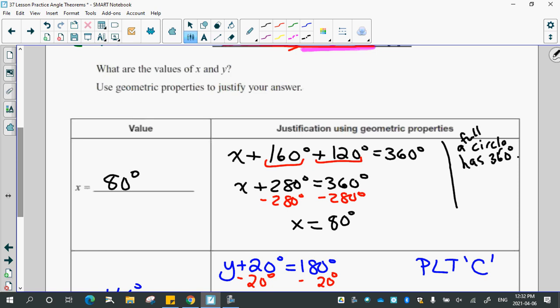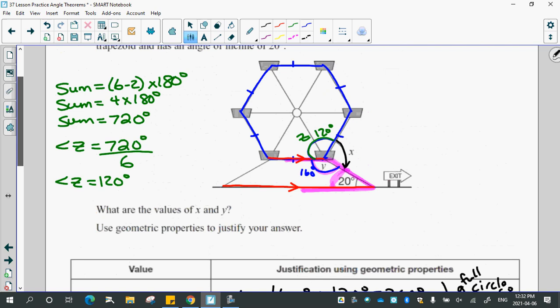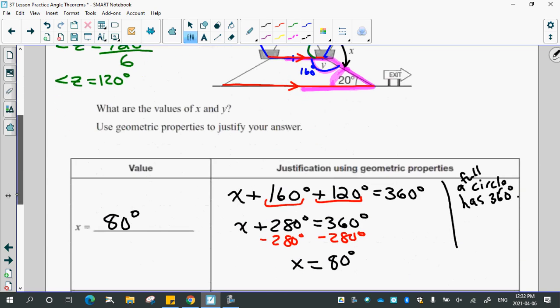The year that was on EQAO, it was a stumper. The lines inside the carousel confused people. The little seats confused people. Not remembering that a trapezoid has two parallel sides. This one was a stumper. So sometimes subtracting stuff out of the picture actually helps you, and reading the question really carefully as well.